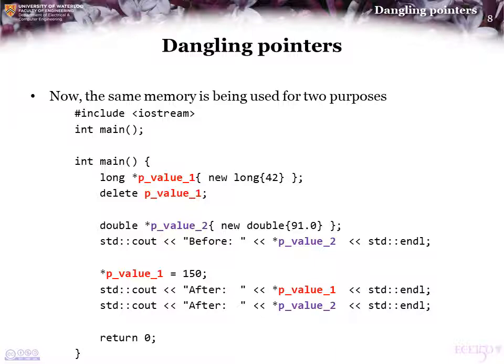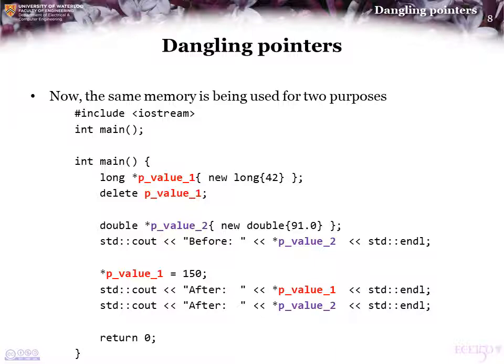So now p-value 1 being assigned to that location the value 150 interprets those 8 bytes as a long. And so it places an integer there that satisfies such a description.